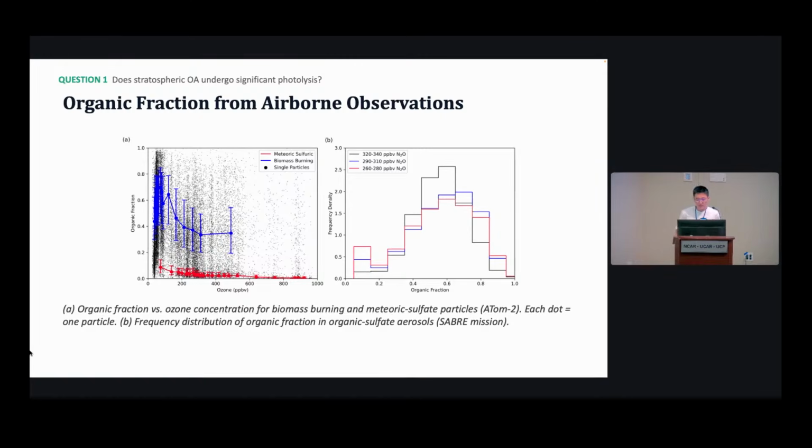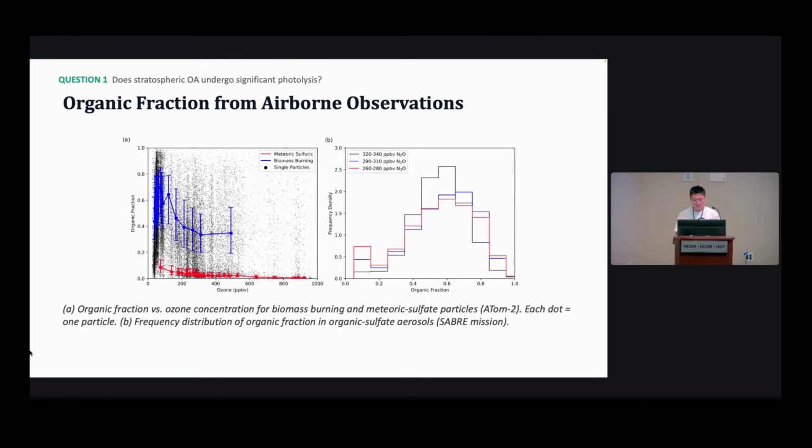The right panel shows this even more clearly. We look at the organic fraction distributions within the SABRE mission, and these three distributions are for different concentrations of N2O, which is a proxy of the age of air. The black line represents aerosols with an age of air of 0.5 years.